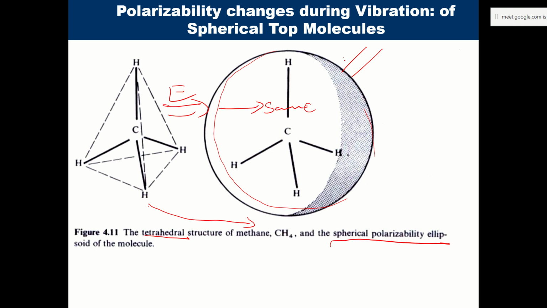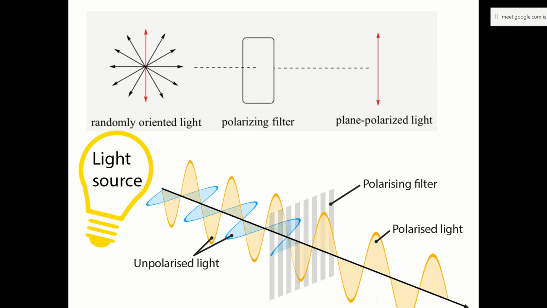Any arbitrary direction you take the electric field, there is the same change in polarizability, and that's why we draw it like this, a spherical polarizability ellipsoid.